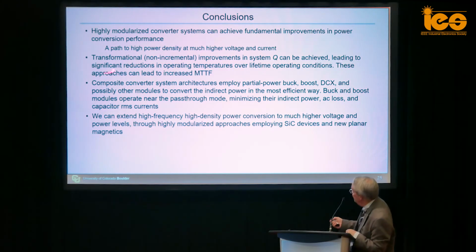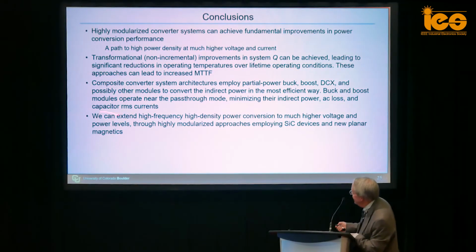So the systems we've looked at, these composite converter systems, use partial power buck, boost, and DC transformer modules, perhaps other modules. The buck and the boost switching converter modules, we try to operate near pass-through mode where they have very little indirect power and therefore have very low loss and low capacitor currents.